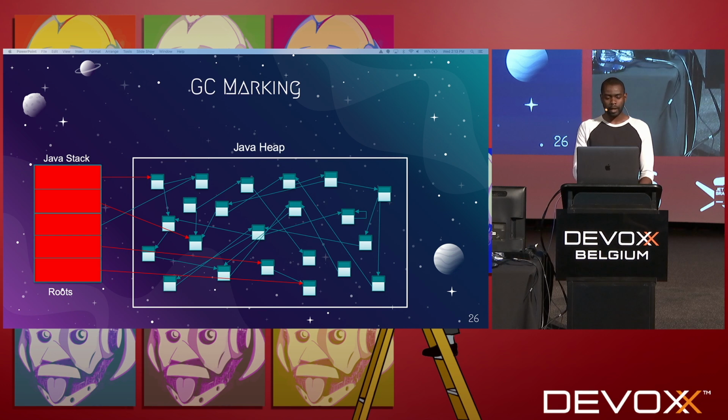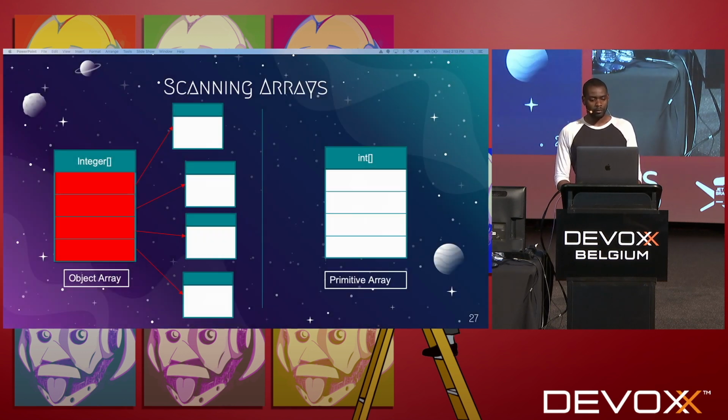In this case, we can see that the GC looks at all the references on the stack, and it uses this to traverse the object graph. As you can see, the more references you have, the longer it will take for the GC to find all the objects. If we compare scanning an object array with a primitive array, you can see that it's much faster to scan a primitive array because all the elements are in the array body.